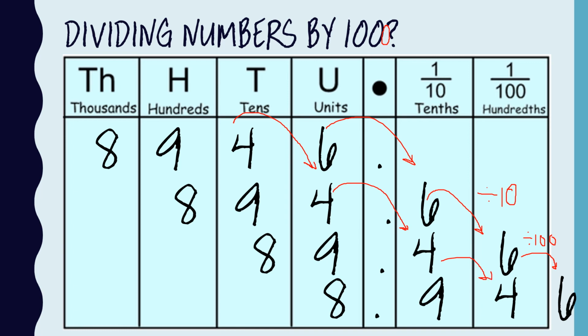Because when we divide by 1,000, the place value columns need to change by 3. They're staying in the same order, they're not changing round. And again, I'll make the same point as I've made all the way through. Nothing goes in here apart from the decimal points. Final answer, 8.946.